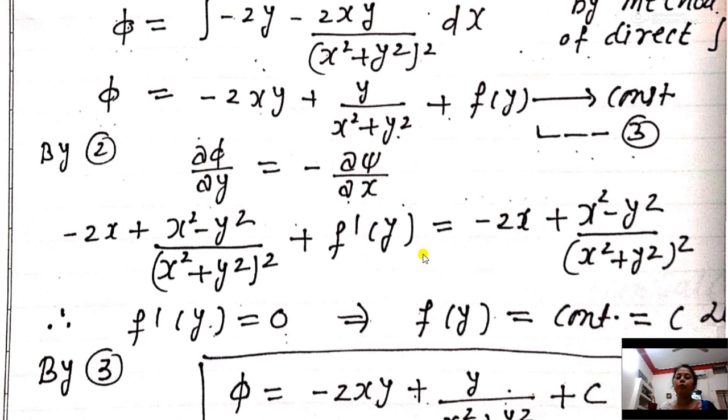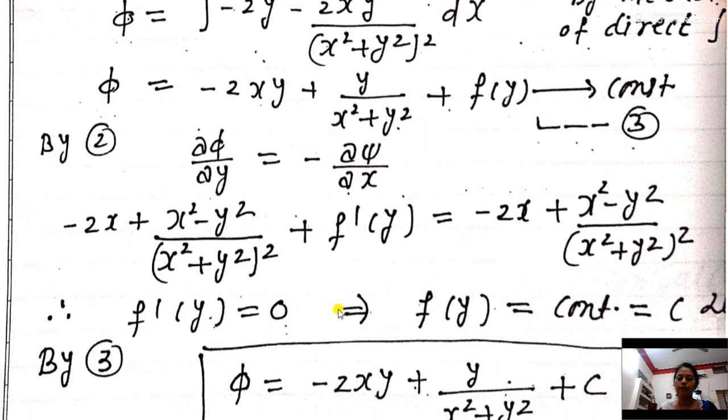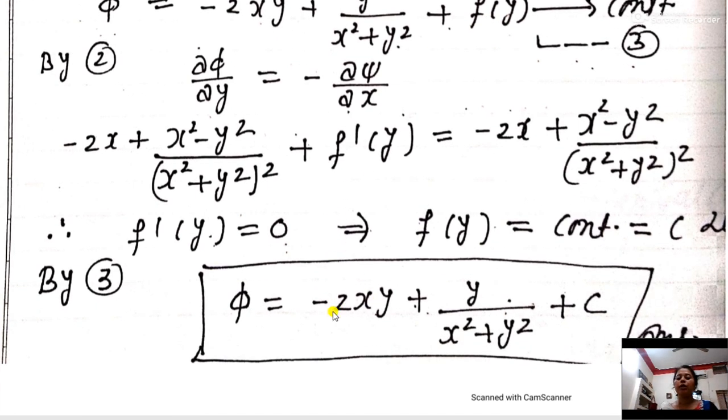When we equate both the sides, the value of f dash y is equal to 0. On integrating, the value of fy is equal to c. Then we put the value of fy in equation 3, and we have the real part phi is equal to minus 2xy plus y upon x square plus y square plus c.